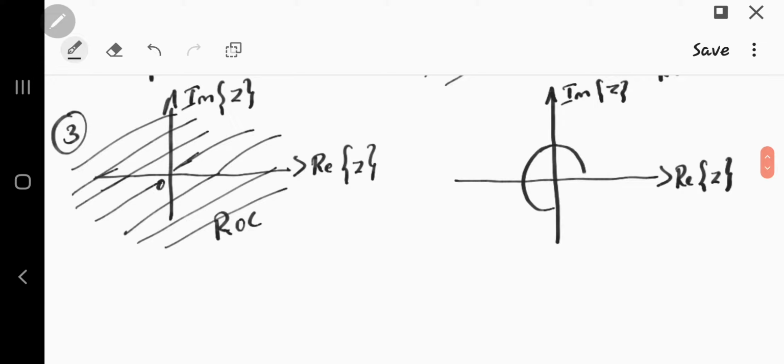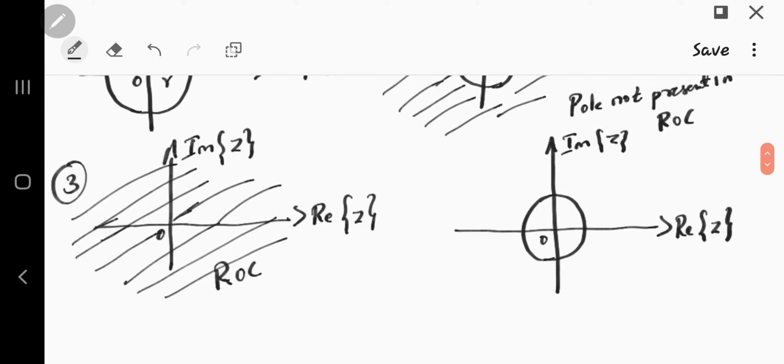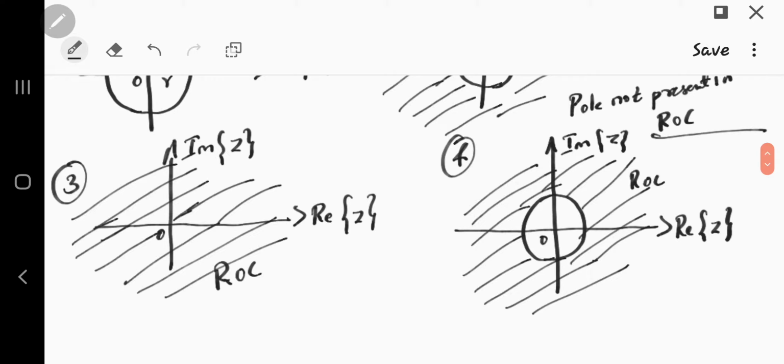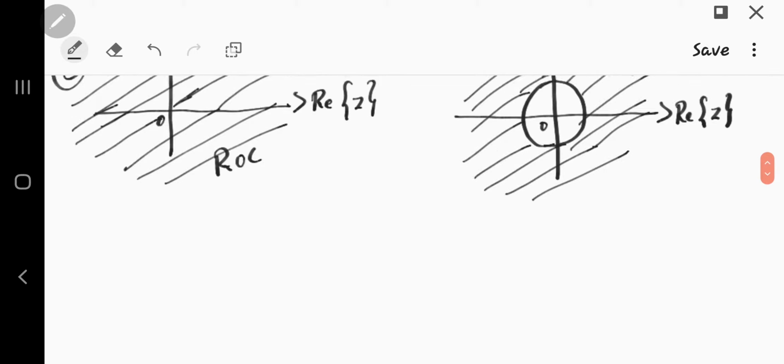So we will have a circle or ring. If it is a positive time sequence, then the ROC will be outside this circle, and the circle will have some radius that depends on the signal. It may be 1 by 2, 1 by 4, 3 by 4, anything. The ROC will be outside the circle. So this is the fourth property.